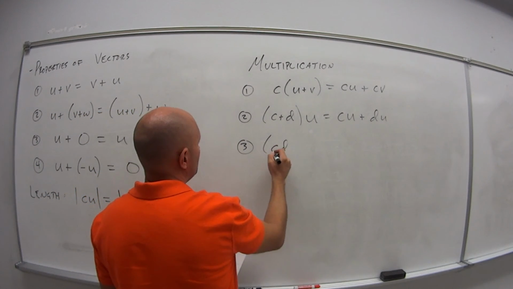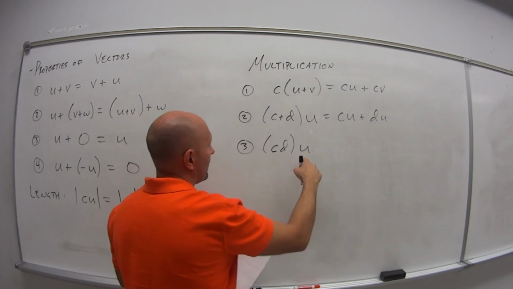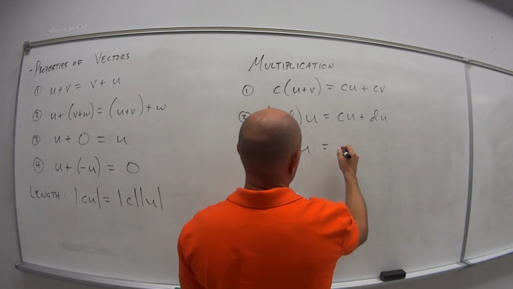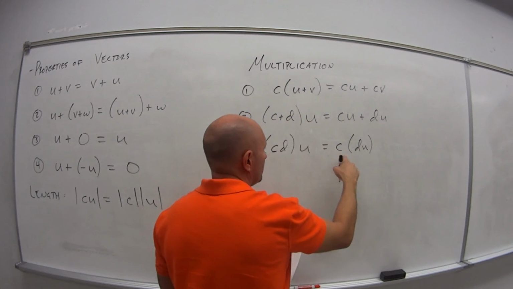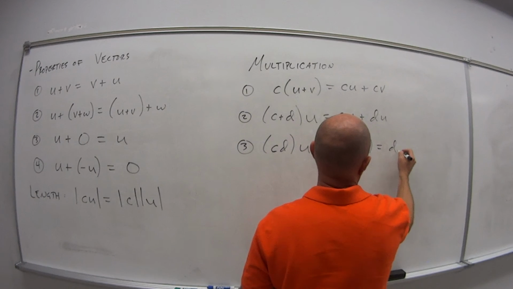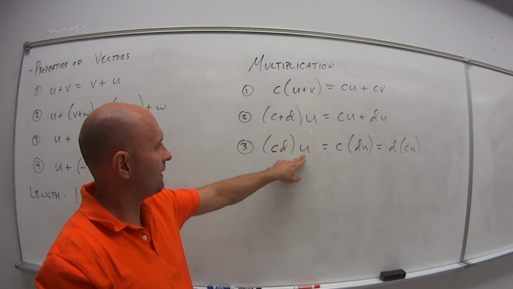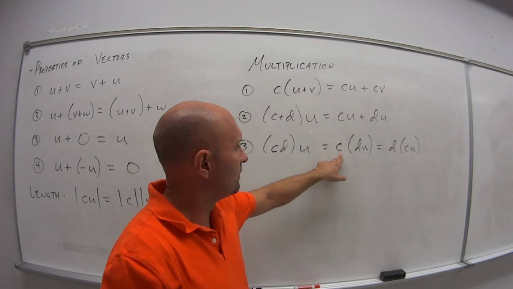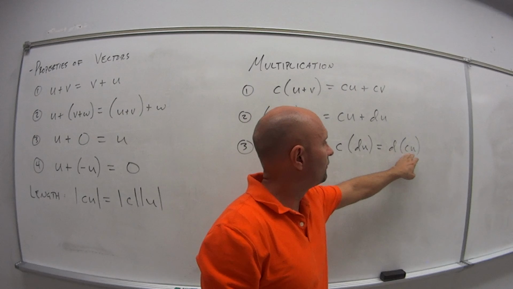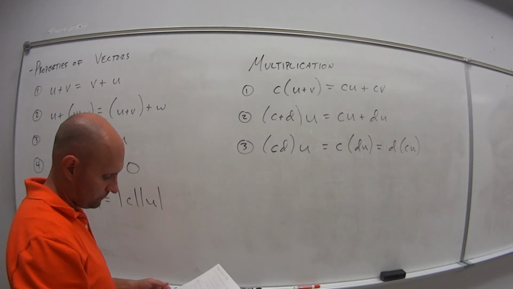If I have 2 scalars that I multiply together, and then I'm multiplying it by a vector, it's the same as if I first just multiply one of the scalars and then multiply the other. And again, the order doesn't matter. So if I have c times d times the vector u, it's the same as if I multiply d times u and then multiply it by c, or if I multiply u by c and then multiply it by d at the end.